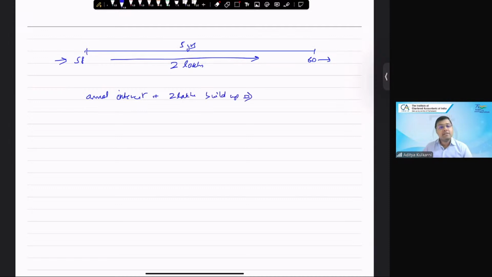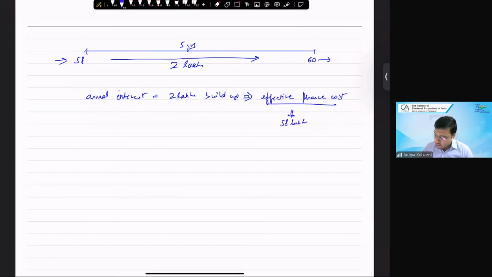Can I say this put together is my effective finance cost? Yes, sir. And this effective finance cost is for a borrowing of how much? 60 lakhs or 58 lakhs? 58 lakhs, because your effective borrowing is 58 lakhs.